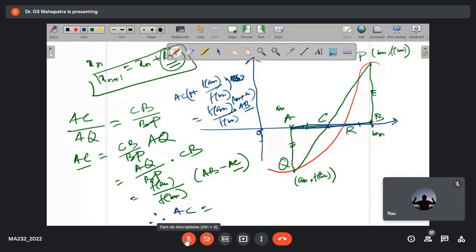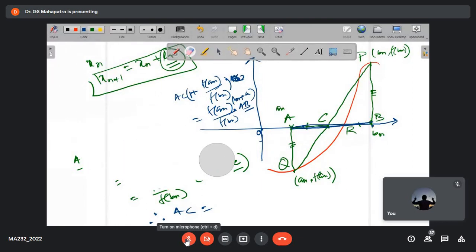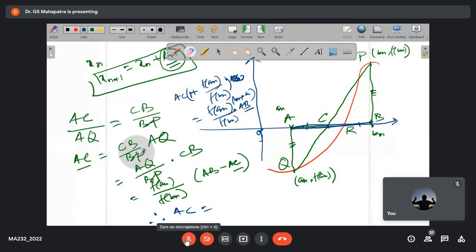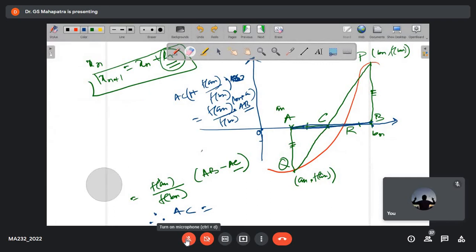Simplify it. I will erase this part, then I can easily simplify. Now this is AC.